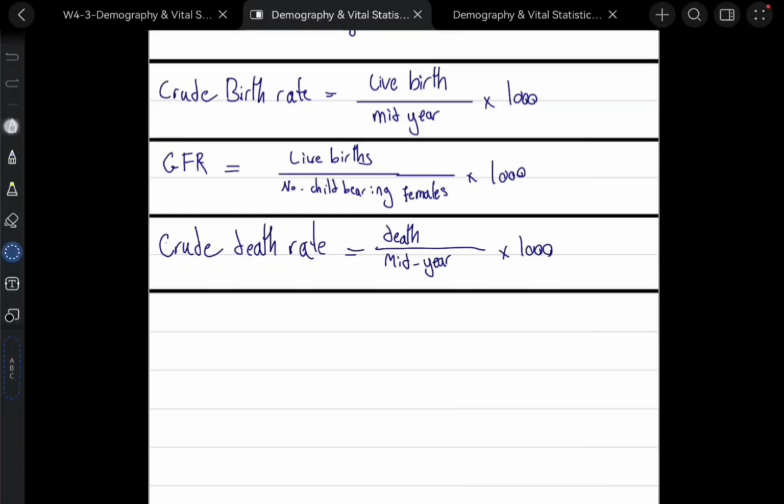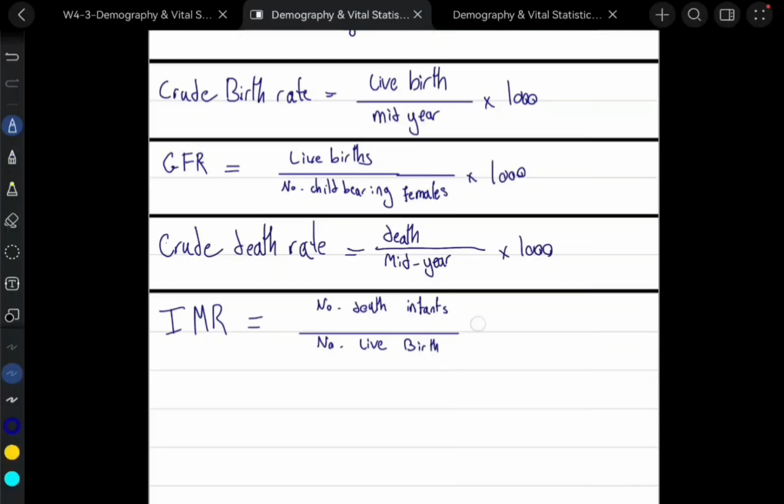IMR equals number of deaths in infants, we could say infant deaths, over number of live births.